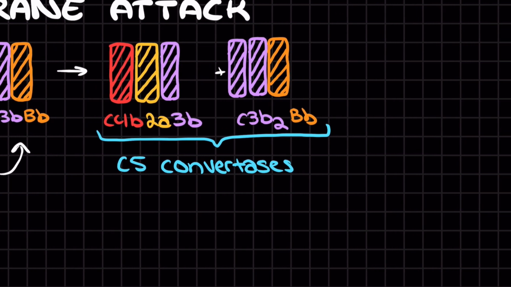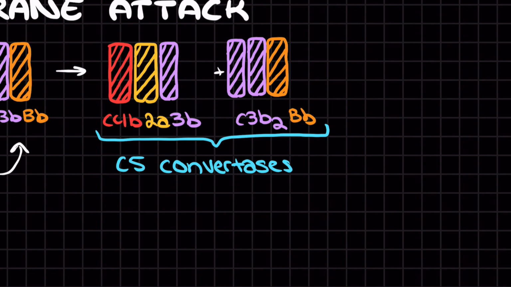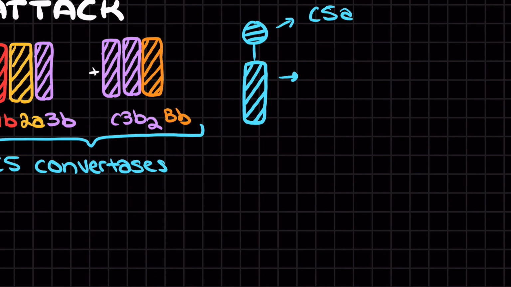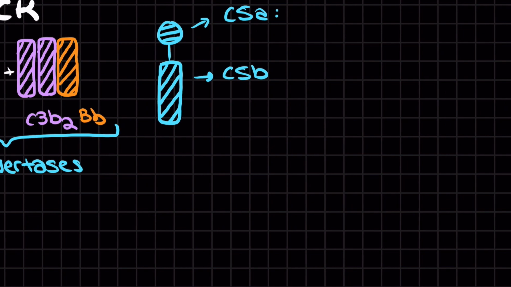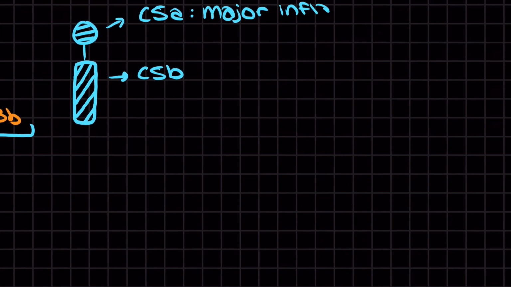C5 convertase is going to break C5 up into C5a and C5b. C5a is very similar to C3a, but we could sort of think of it as C3a on steroids, because C5a is a major inflammatory protein, meaning that it can cause significant inflammation, whereas C3a causes moderate inflammation.